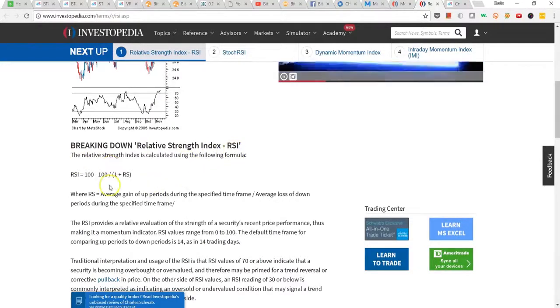It's 100 minus 100 divided by 1 plus the RS, or relative strength, where RS is the average gain of up periods during the specified time frame divided by the average loss of down periods during the specified time frame. So it basically provides a relative evaluation of the strength of a security's recent price performance, thus making it a momentum indicator. So its values range from 0 to 100.